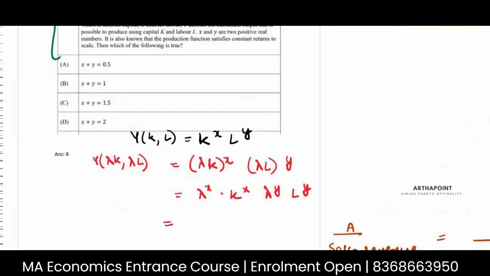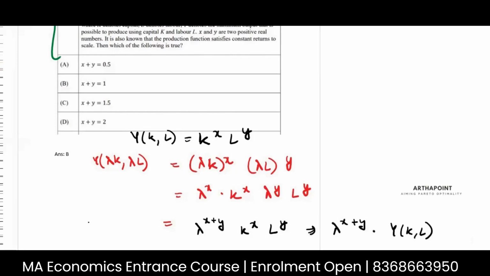So you can rewrite this by taking lambda common, and you will get lambda to the power x plus y, K to the power x, L to the power y. And this will be lambda to the power x plus y into the initial production function. This will be your new production function.